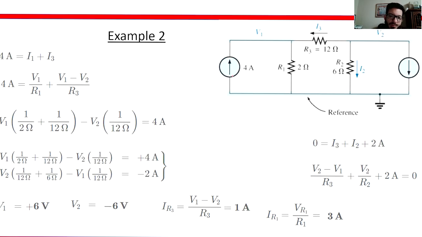Another example. Here we have a circuit with two sources, source number 1 and source number 2, 4 amps and 2 amps. But in this case, it's interesting because we have a node right here and a node right here, and they're separated by a resistor.